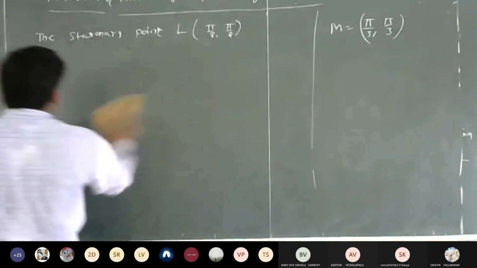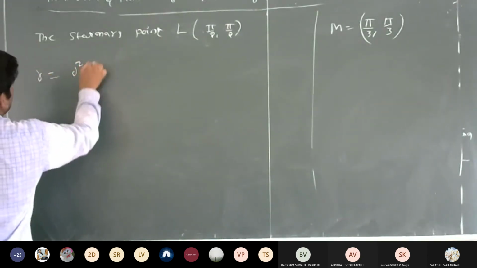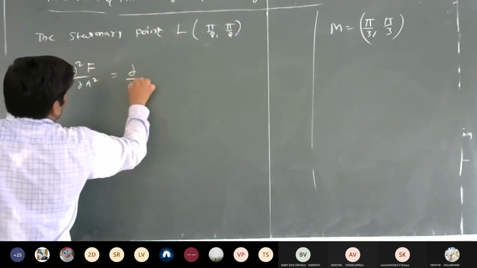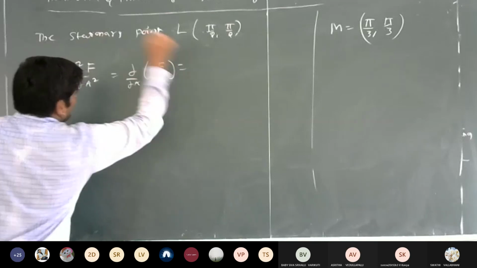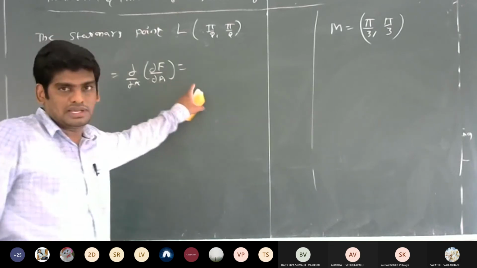So what is R? Here R is equal to ∂²F/∂A², that is ∂/∂A of ∂F/∂A. What is this value? I think you will get a lengthy one.